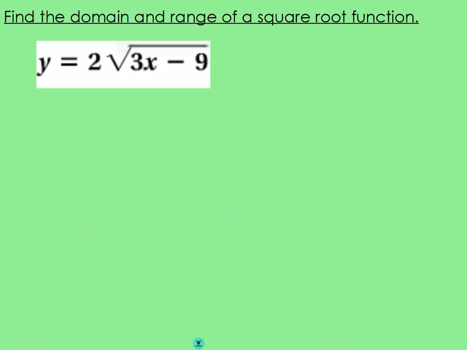Now let's do this one. I want to find the domain and range of this square root function. So it's not the parent anymore. It's got a few more numbers on this. To find the domain, I have to figure out where you're square rooting 0. That thing inside the square root, the radicand, is going to equal 0. So 3x minus 9 equals 0. I want to solve for x. So I'm going to add 9 to both sides.